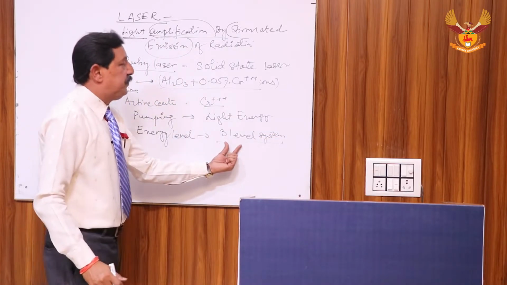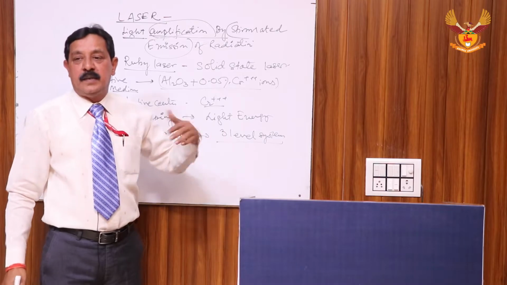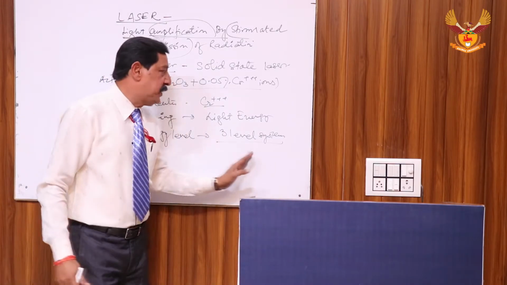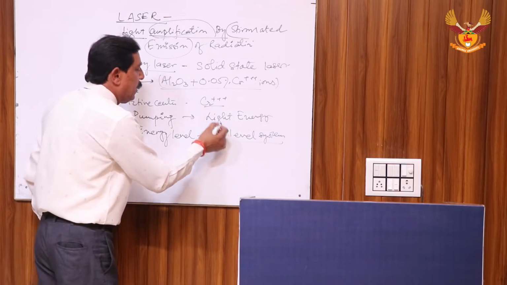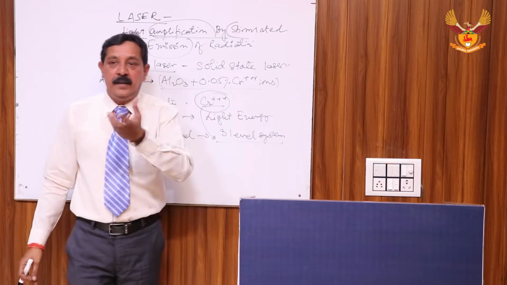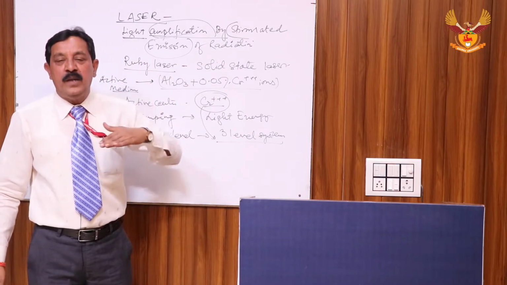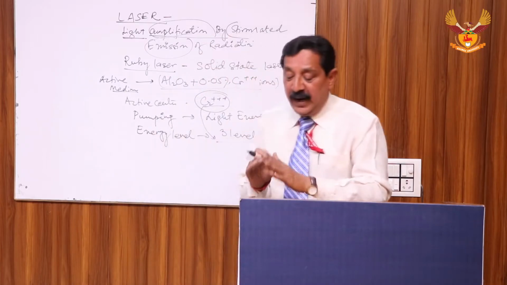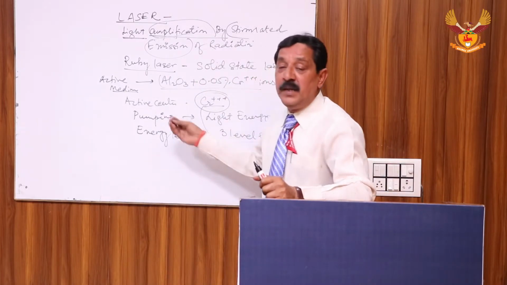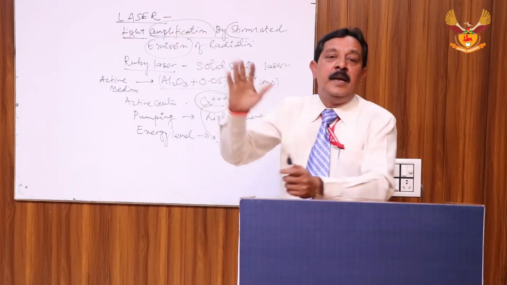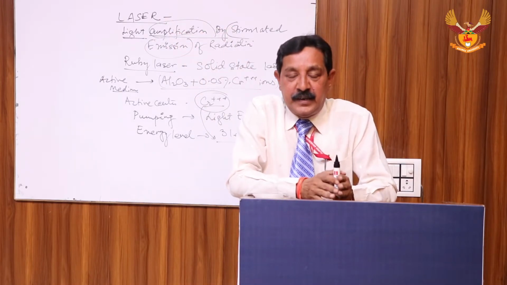3 levels means the first level is the ground state, the second level is the excited state, and the third one is called the metastable state. Initially all the chromium ions are at the ground state. Once they get external energy from light energy, they are lifted from the ground state to the excited state, and stay there for 10 to the power of minus 8 seconds.